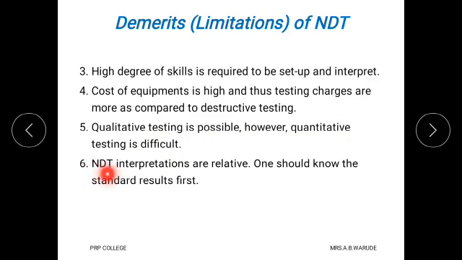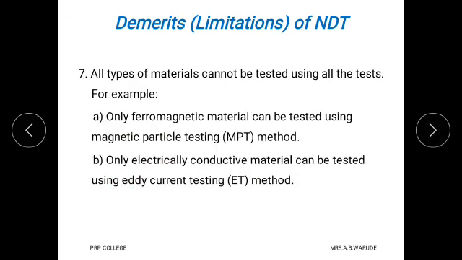Sixth, NDT interpretations are relative and one should know the standard results first. That means when we say that certified persons are required, then he should know the standard results. Seventh, all types of materials cannot be tested using all the tests.